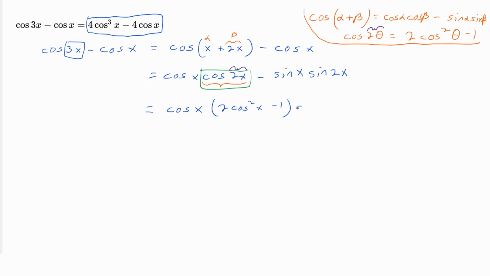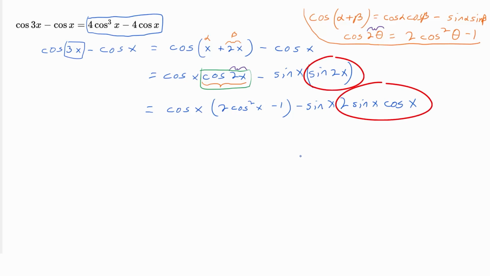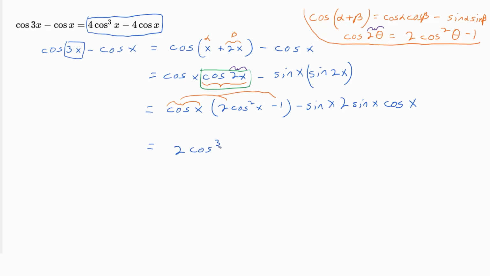I'm also going to use the double angle formula for sine. So the sine of 2x, remember, turned out to be 2 sine x cosine x. And that's just the double angle formula for sine. Okay, so what can I do now? Well, one thing I can do algebraically is distribute this cosine of x here and here, and that gives me 2 cosine cubed x minus just cosine x, distributing over the minus 1.